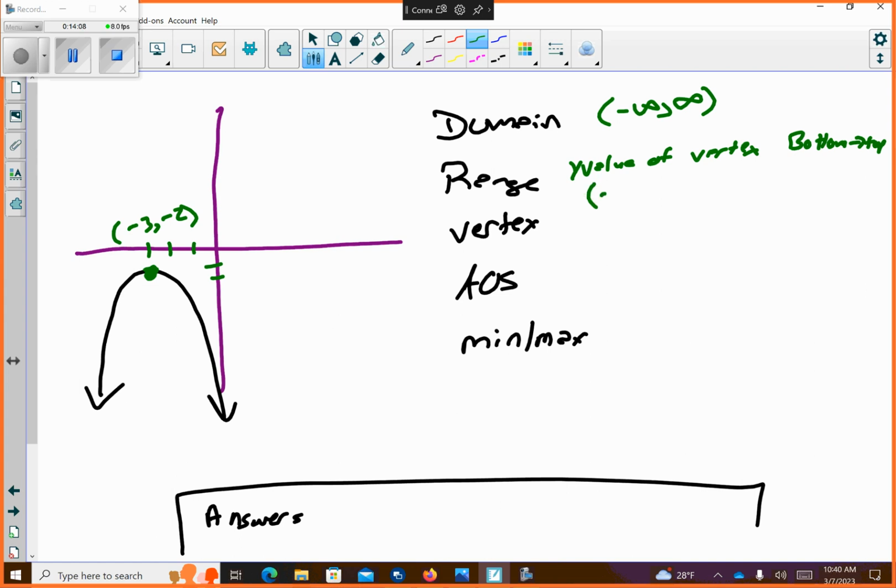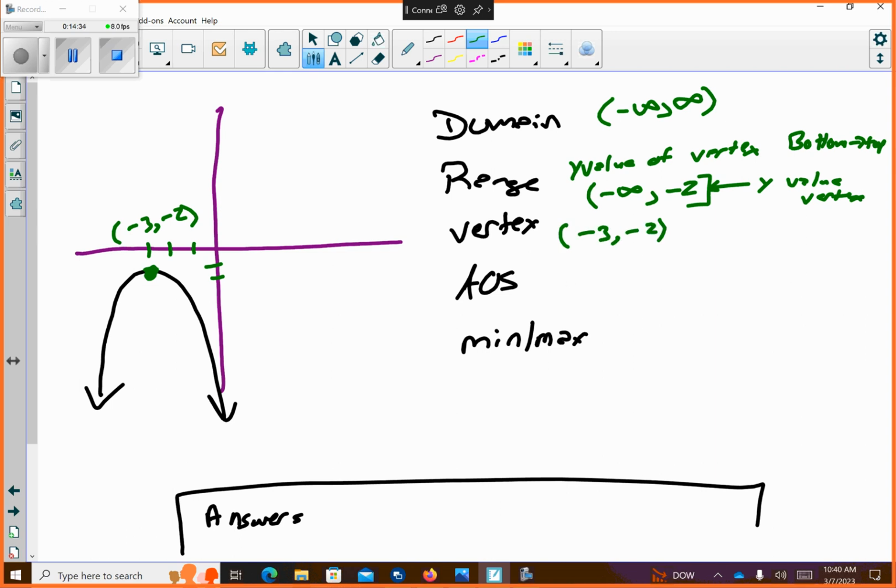So this is going to go from -infinity to what? -2. That's it. So a note here: that is the y value of our vertex. And the vertex we just found is -3, -2.